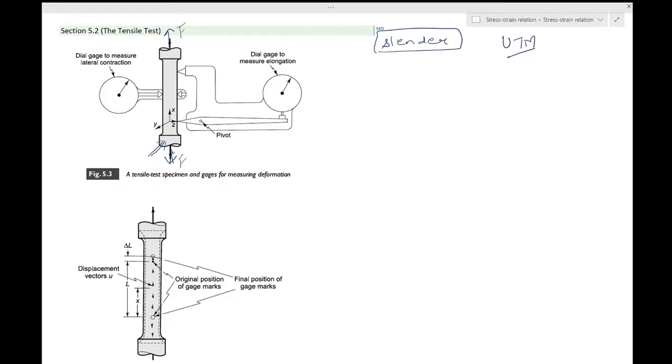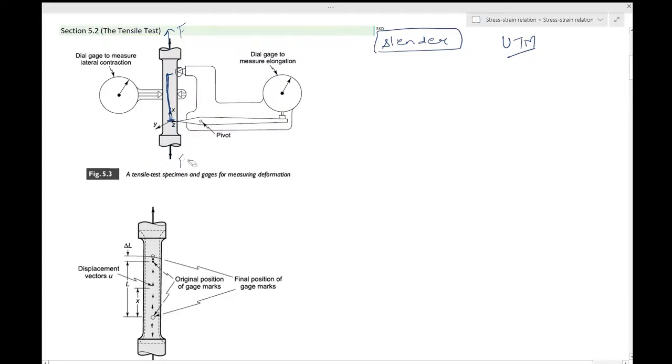The ends are moved, and the elongation and the lateral contraction are also noted as the test proceeds. So you want to see how much this length is increasing as the test is proceeding, in the sense when you try to pull it by this force, and the force will keep on increasing, and at every stage you will notice how much this length has increased. This is done using this gauge, which has one fixed end over here and the movable end over here, and it will measure this dimension.